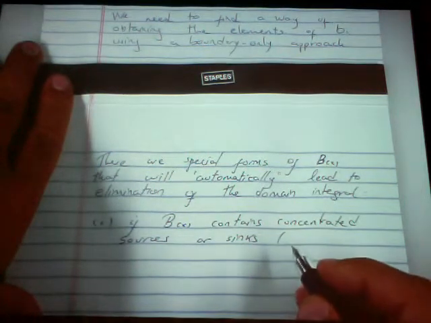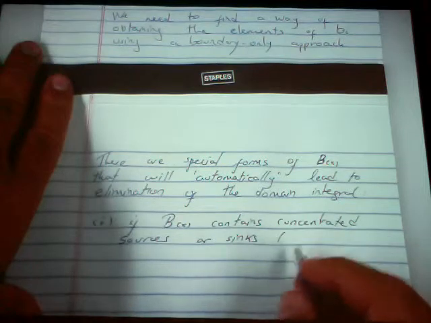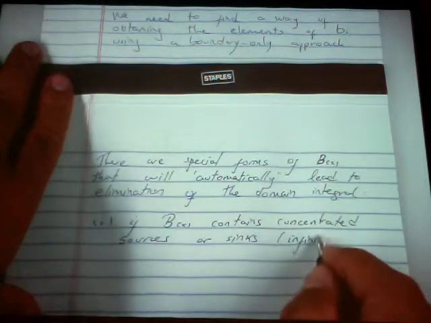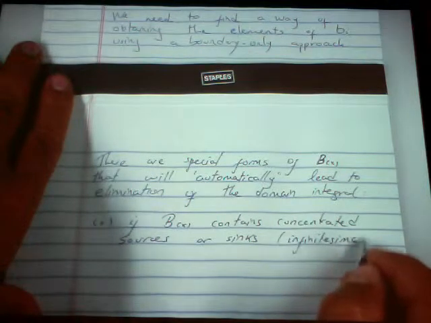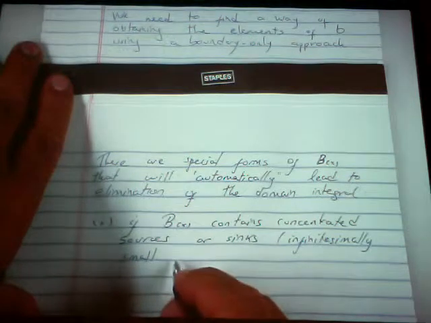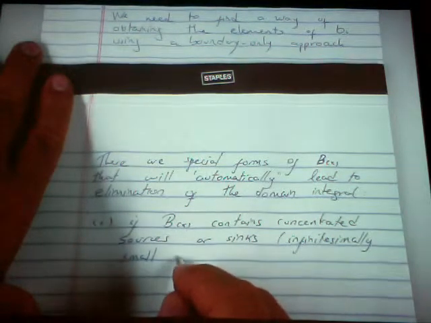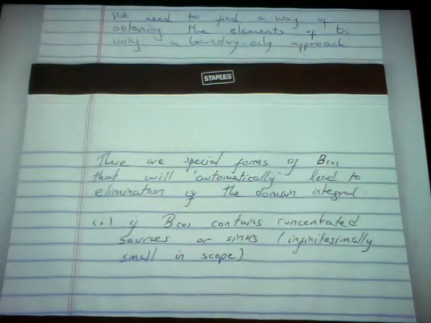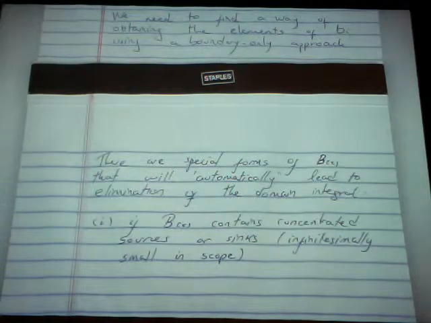Those concentrated sources or sinks are infinitesimally small in scope. That means that imagine a field where you have an infinitesimally small point where energy can come in or come out.